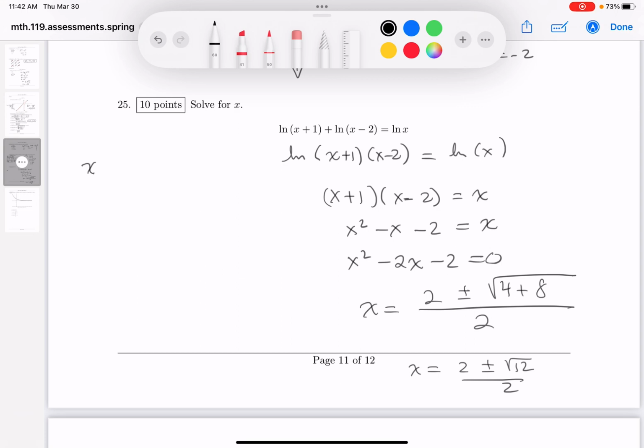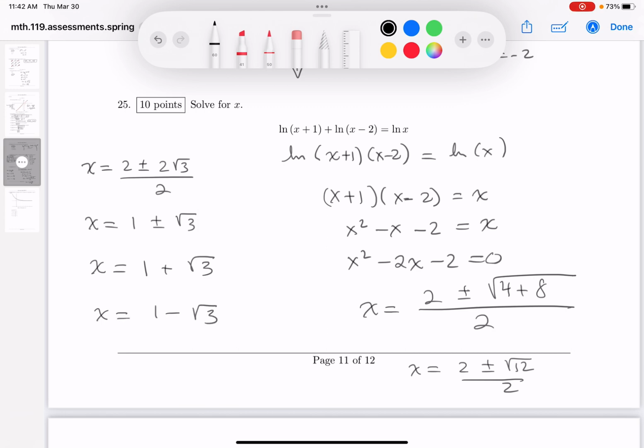I'm going to write over here now. It's going to be 2 plus or minus, and 12 is 4 times 3, so it's going to be 2 root 3. I'm dividing by 2, right? 2 goes into 2 one time, plus or minus the root of 3. So we have 2 answers. Let's write them down. x equals 1 plus root 3, and the other answer is x equals 1 minus root 3.